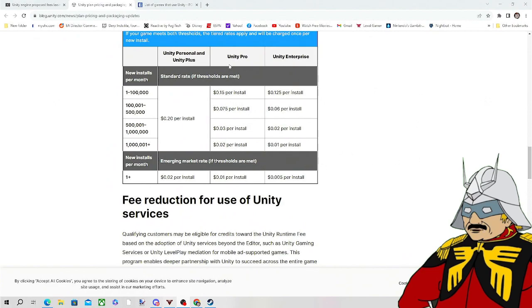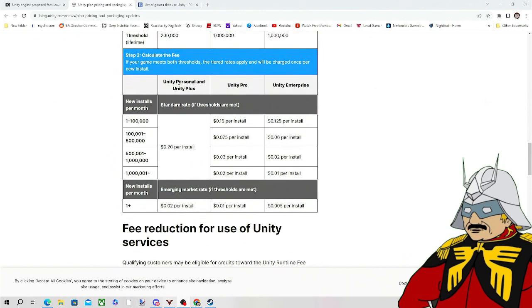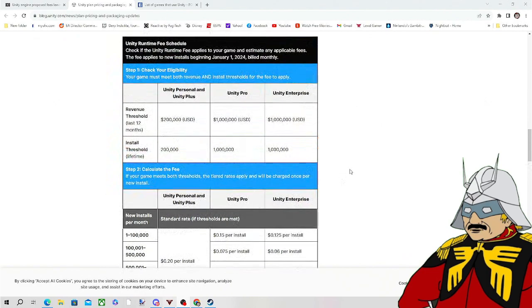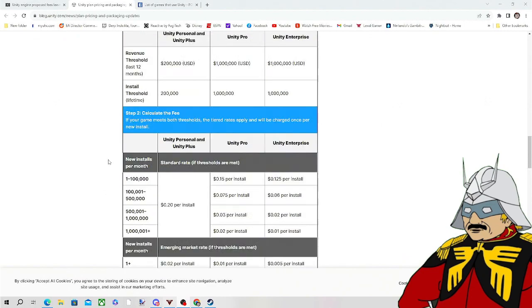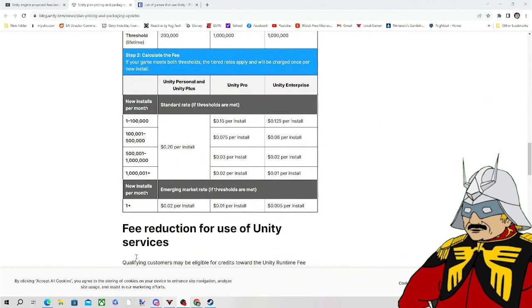Based on how you pick your service for the Unity engine, they calculate the fees based on how much you're willing to pay. If you're willing to pay $200,000 for Unity Personal units, or Unity Pro, based on how many people download the game, they'll charge you 2 cents.